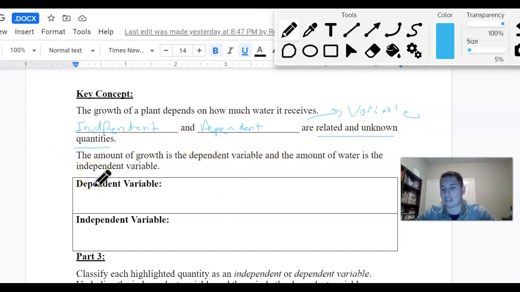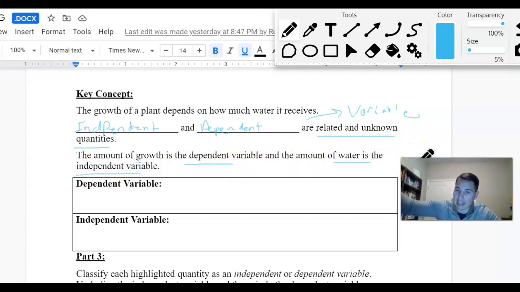So this is a question based off a picture. I would show you the screen online. What's happening is this lady, she goes up to a tree, she puts some water in it, and the tree grows. Knowing your independent and dependent variable, the water is the independent variable, okay?